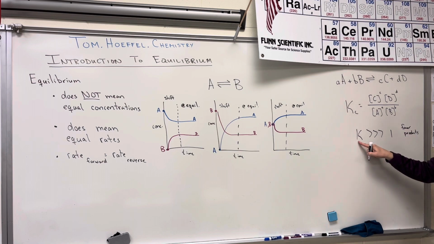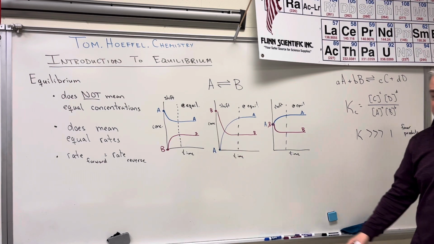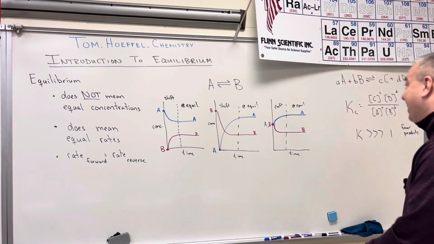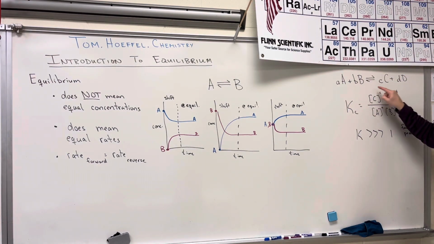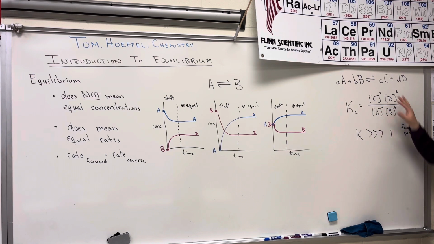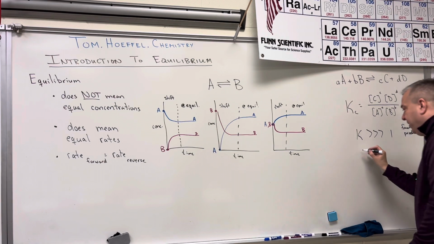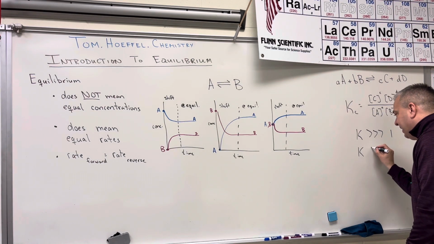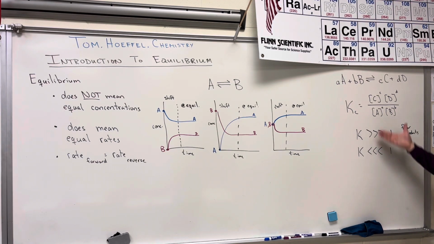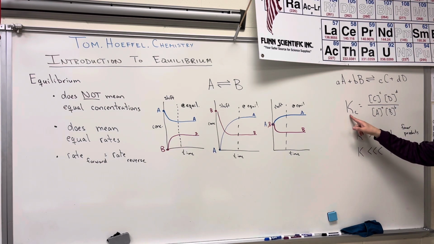So when you have a K value that's a large number, like 99,999, something like that, that means that your numerator is going to be much larger than your denominator, and that's going to favor the product side. Now, if we did the exact opposite, if we had a number that is much less than 1, well, how do you get a small K value?